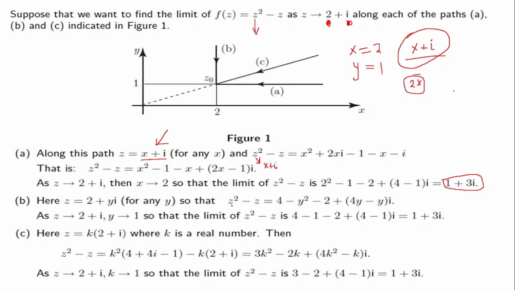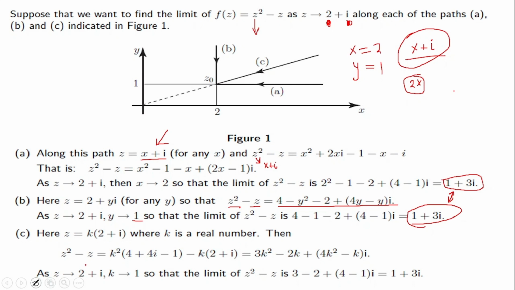In this case now, instead of x plus I, you're talking in terms of the y direction, because you're moving towards the y direction. As z goes to this, what will be your y? y is 1. So the limit now will be, anywhere you see y, you put 1. At the end of the day, you still have the same answer like this. Is that clear?